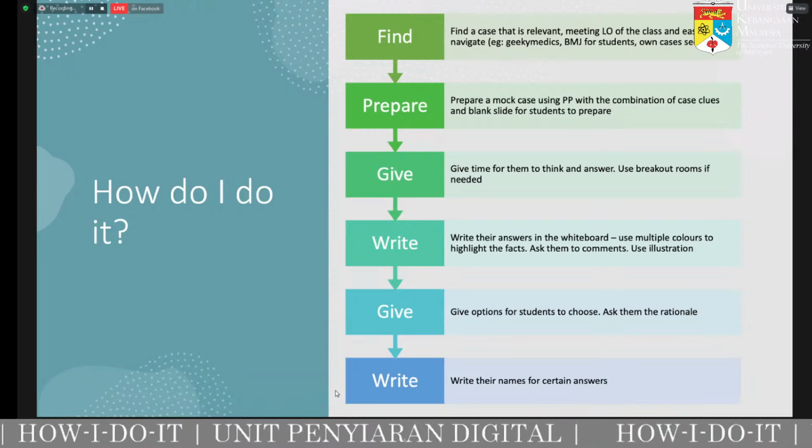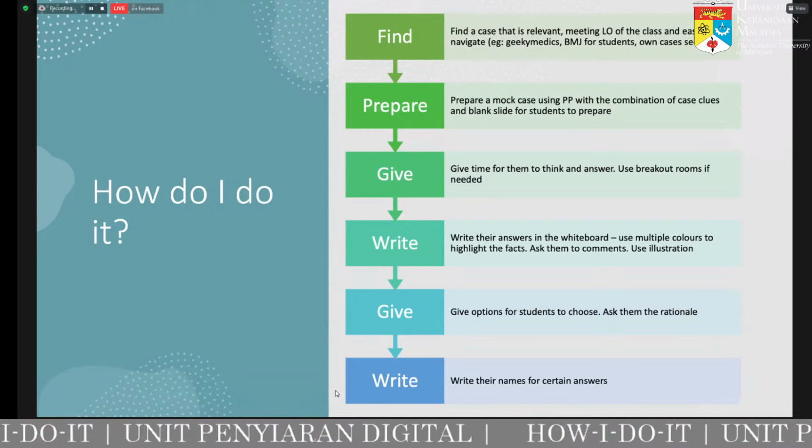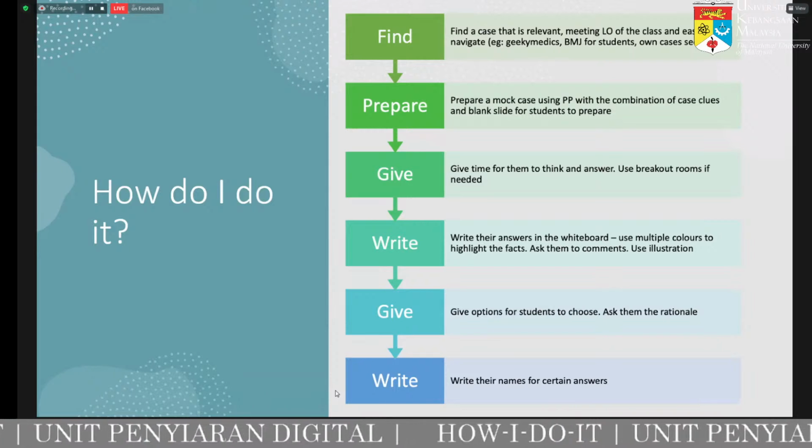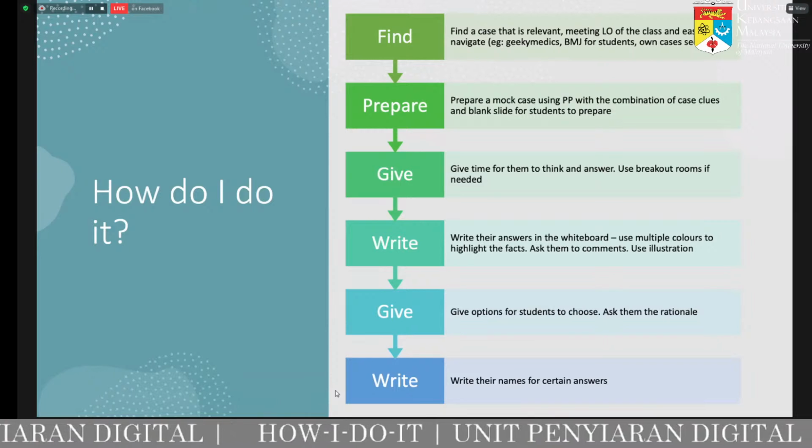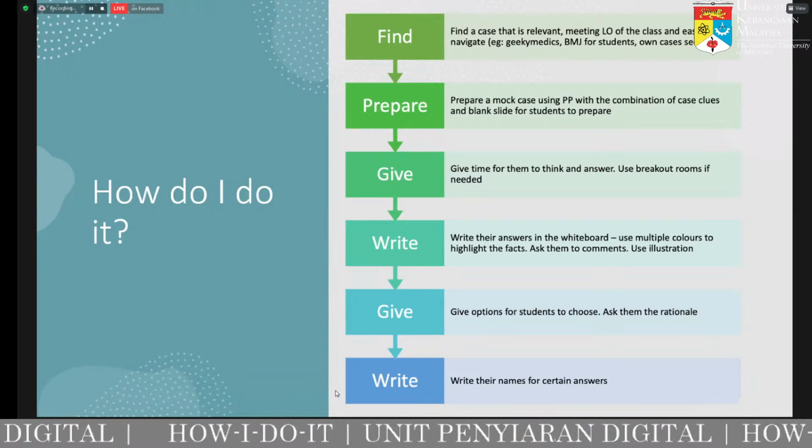Medication, they will ask the purpose so that the student will learn along the way. They have to think, why am I ordering this? What's the indication and all that? And the teacher can actually see what they write later.